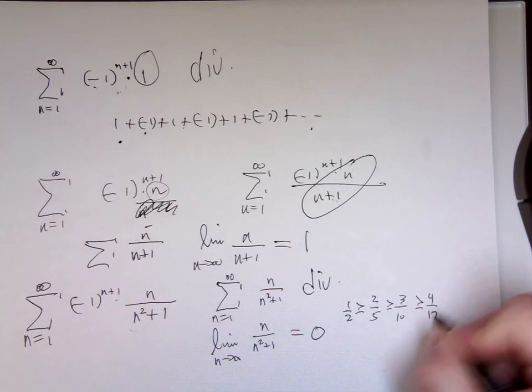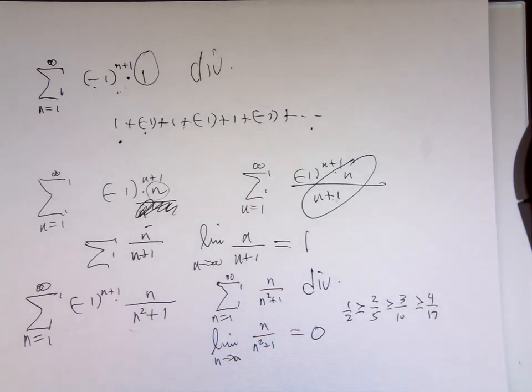Now, here's one other thing I haven't mentioned yet. If you've got a series, and you want to know if it converges or diverges, it doesn't matter what happens to the first 10 terms, or first 100 terms, or the first billion terms. These terms, fortunately for us, are decreasing right off the bat.